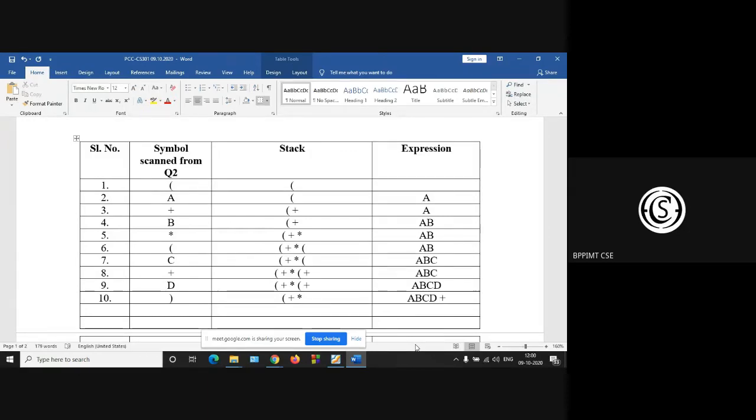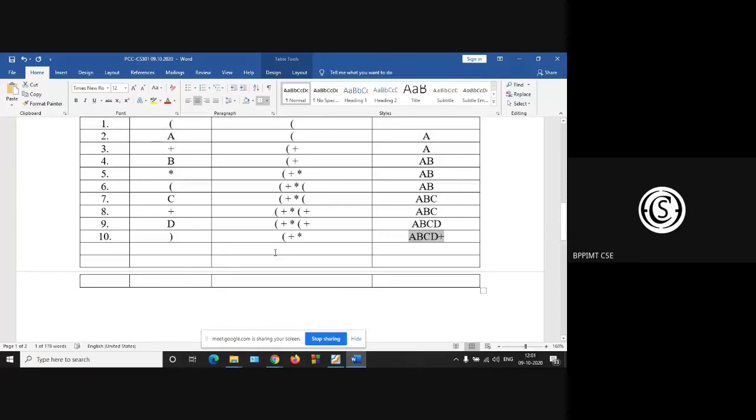Okay, A, B, C, D plus. So you have to pop this plus here. And along with that, you have to pop this opening bracket, and don't write the opening bracket and closing bracket in the final expression. Okay, expression. Is it clear? Number 11. Yes, sir.